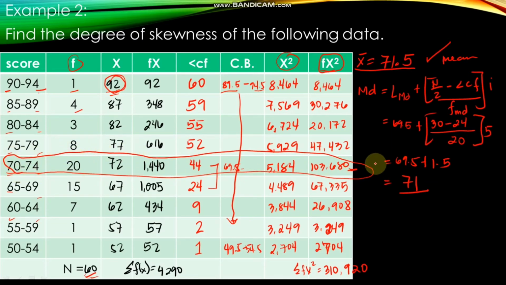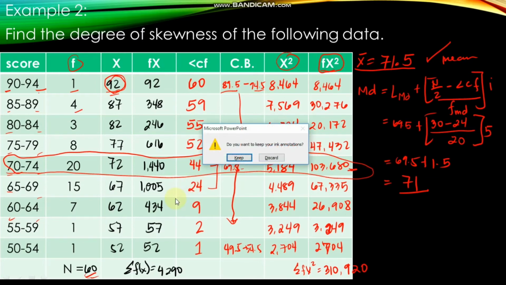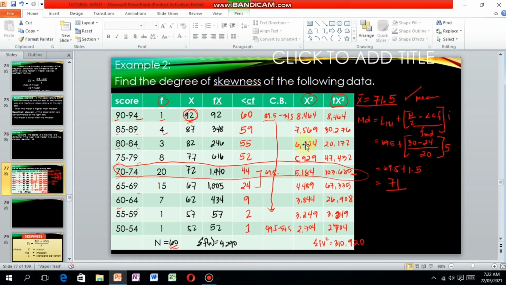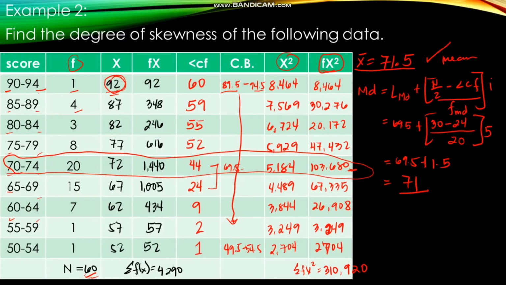Next, standard deviation. To find the standard deviation, first we need to find the variance. So the formula in finding the variance is, let us look at this one.